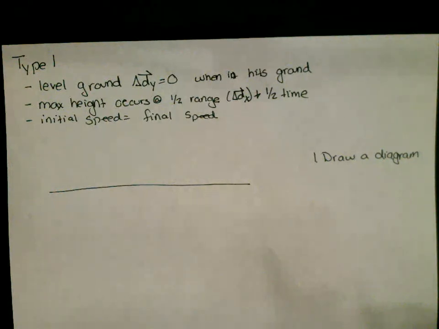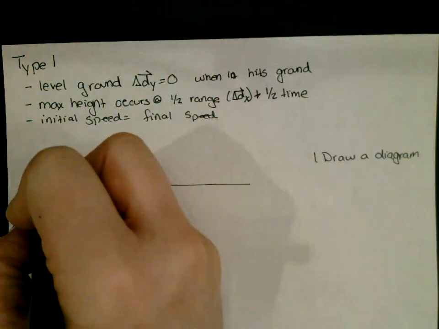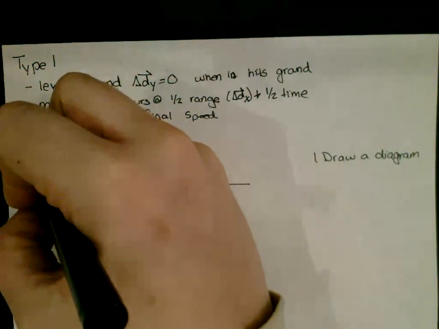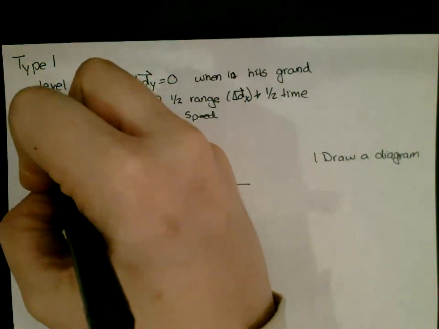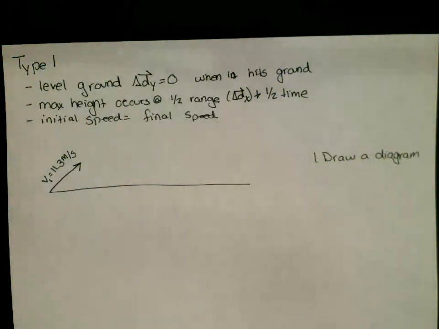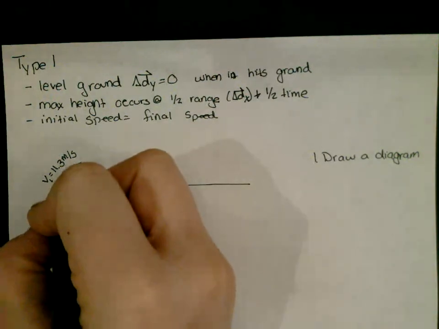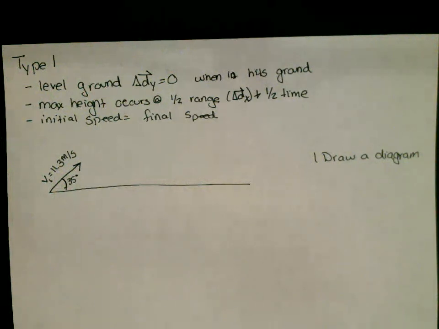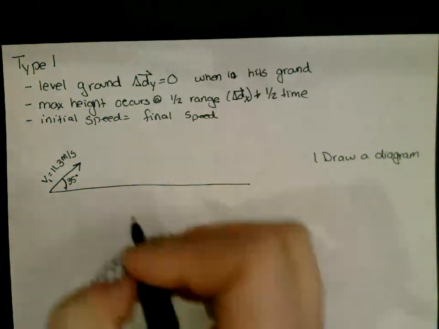His initial velocity is 11.3 meters per second, and the initial angle is 35 degrees above the horizontal. And it wants us to find the time of flight, the range, the maximum height, and the final velocity of the soccer ball.